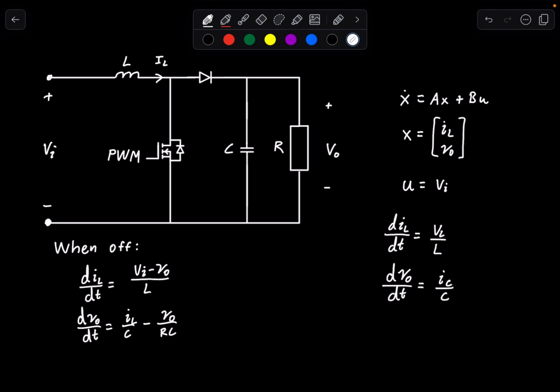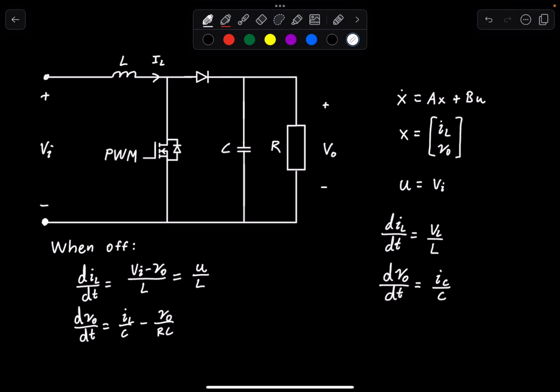If we rewrite the equations with these variables, we split this one into two parts. We first have VI, which is equal to U over L.